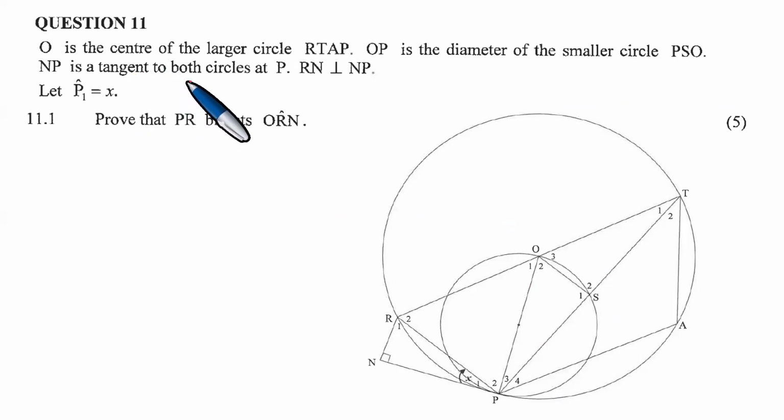NP is the tangent to both circles at P. RN is perpendicular to NP. Here is NP, and RN is perpendicular.